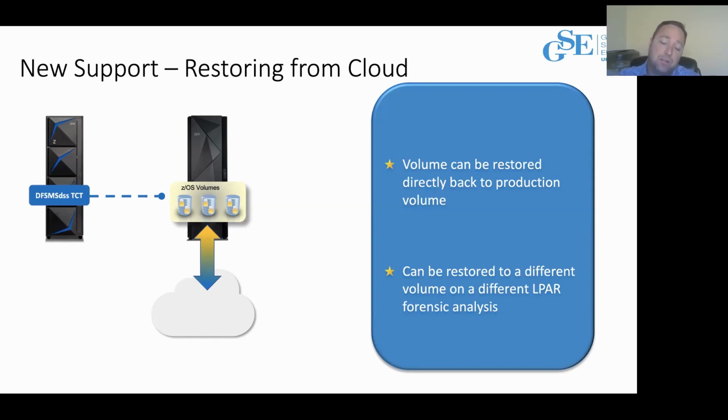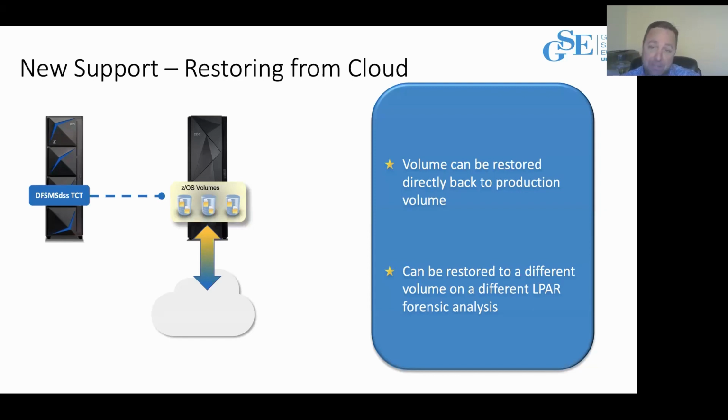Now, if you do a flash copy, that's copying the entire volume, and that means it's also copying the volume label. So normally that flash copy target is offline. If you use DSS to do the flash copy, we have a dump conditioning command, and that allows us to condition the flash copy target volume to make it look like the original source, but it allows it to be online so we can dump it.